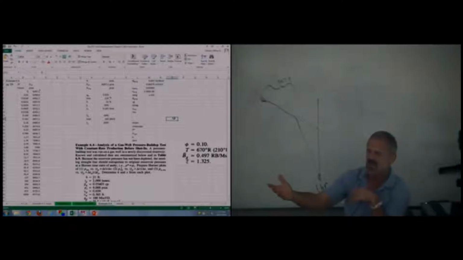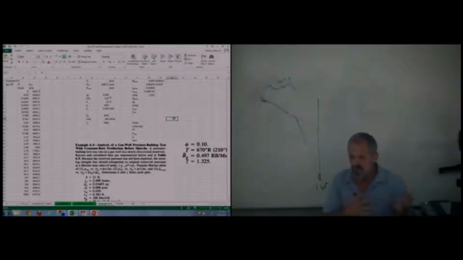And from a design standpoint, we want to know when we're going to need larger separators, and whether it would be right away or a long time from now, to handle a lot more gas. So these were important tests to run, but probably of all the well test analysis ever conducted, most of them are pressure buildups, not drawdowns.